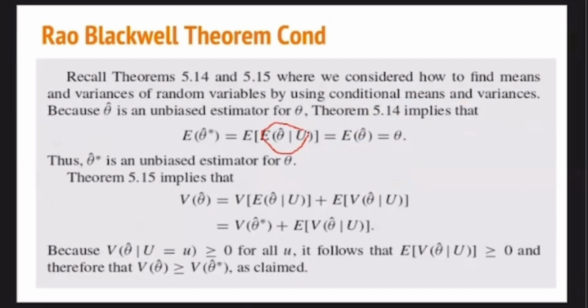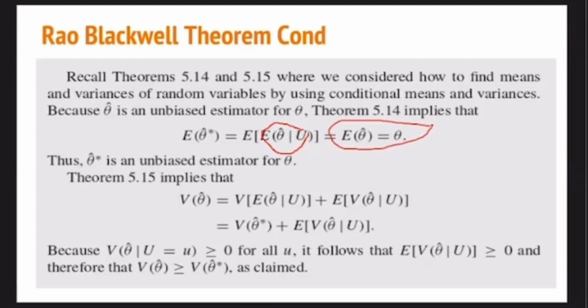Sufficient statistic. A function of a sufficient statistic is also a random variable, and that function of the sufficient statistic is the expected value of theta cap given U. U here is the sufficient statistic. When I take the expectation of that, what you have in the parentheses is theta cap, and the expected value of theta cap is equal to theta.